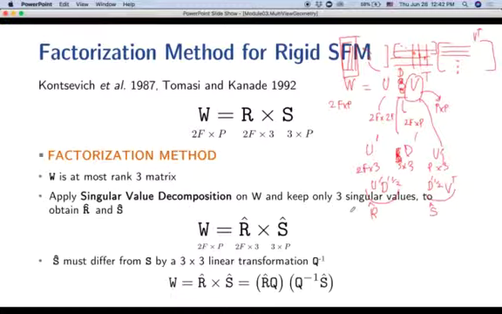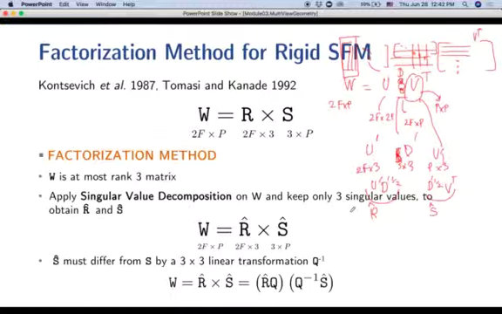I know that from my model. So because there exists a correct decomposition, there must exist some Q that gives me that correct decomposition. I don't know what it is, but there must exist some correct Q that when post-multiplied by R hat, and Q inverse when pre-multiplied by S hat, gives me the correct R and the correct S.